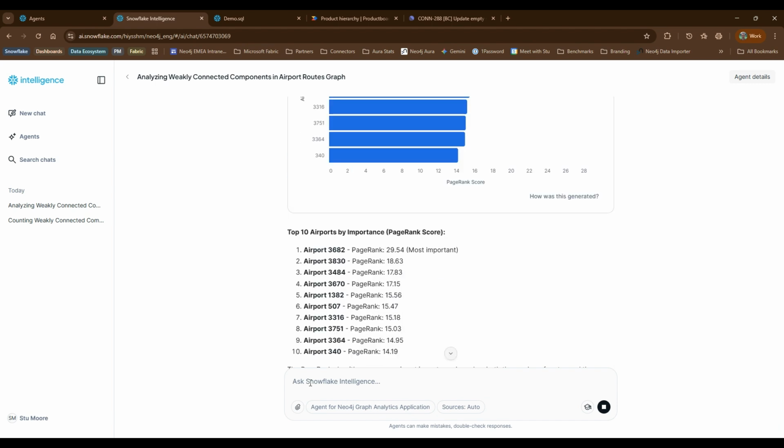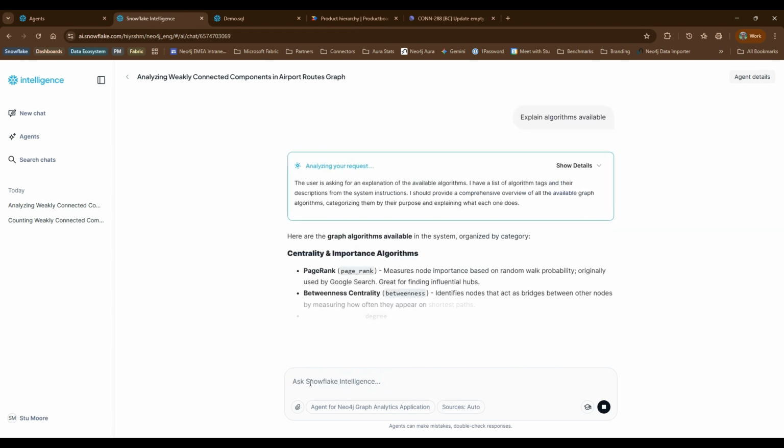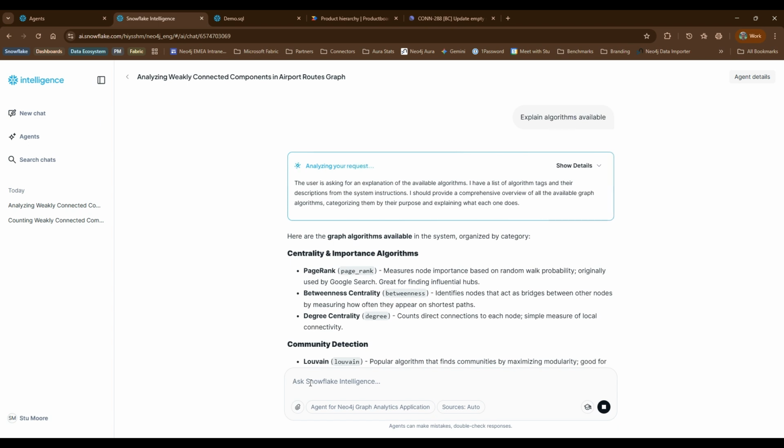Now, supposing I would like to explain the algorithms available. Here, this helps me actually learn and explore the product. So imagine I'm a data scientist. I've just installed this thing. I don't want to go off and read the documentation.